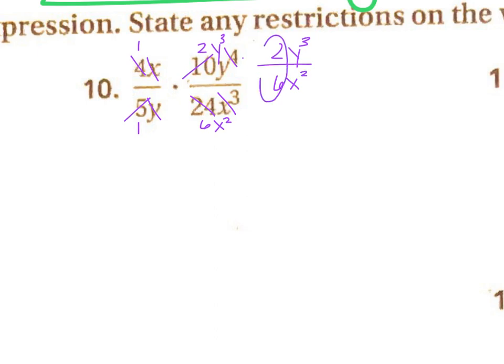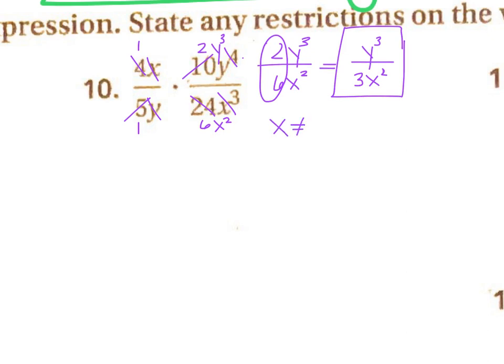So we can still reduce one more time here. 2 over 6 is going to be 1 over 3. So we just have a y to the third on top, and then a 3x squared on bottom. And that is our simplified answer. x technically here cannot be 0, right?